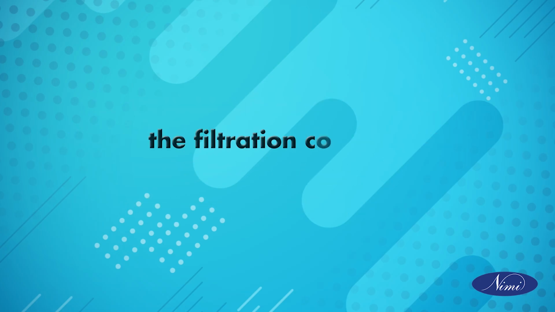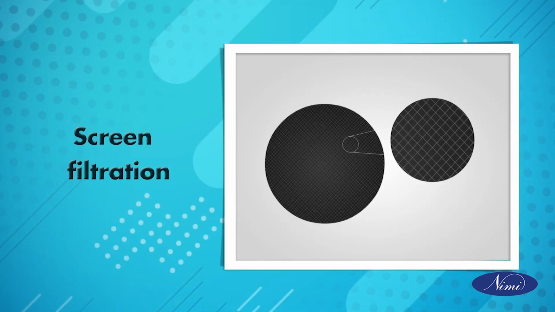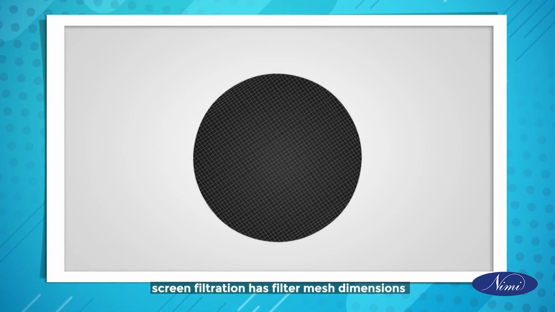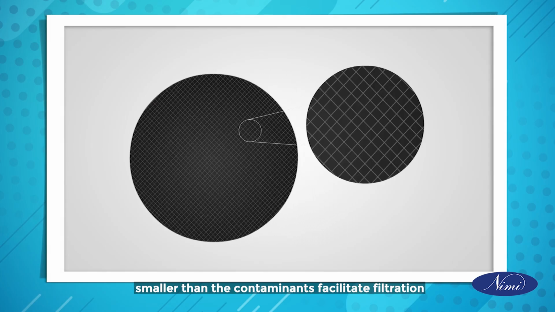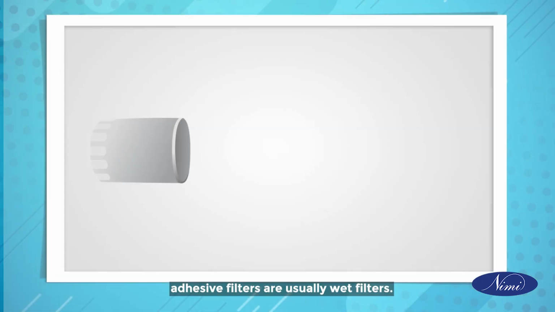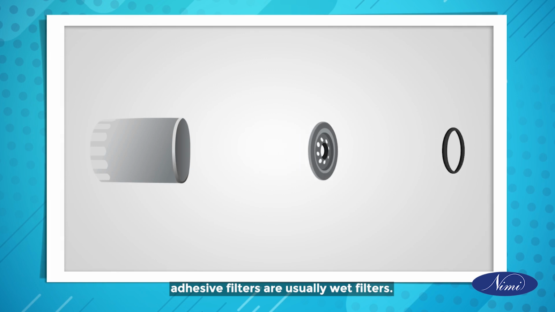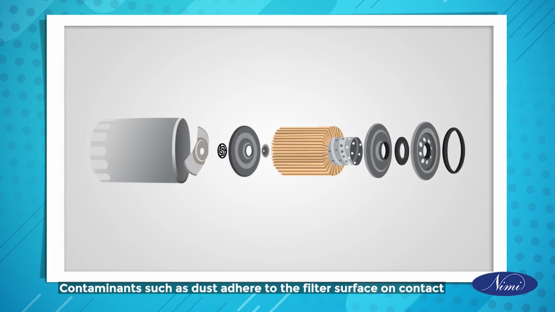The filtration concepts used in air filters are screen filtration, where the filter mesh dimensions are smaller than the contaminants to facilitate filtration. Adhesive filtration: adhesive filters are usually wet filters, and contaminants such as dust adhere to the filter surface on contact.